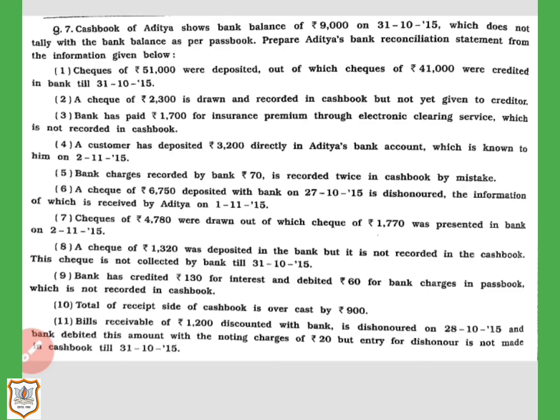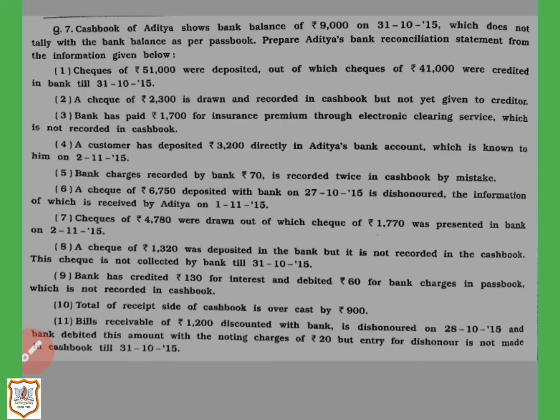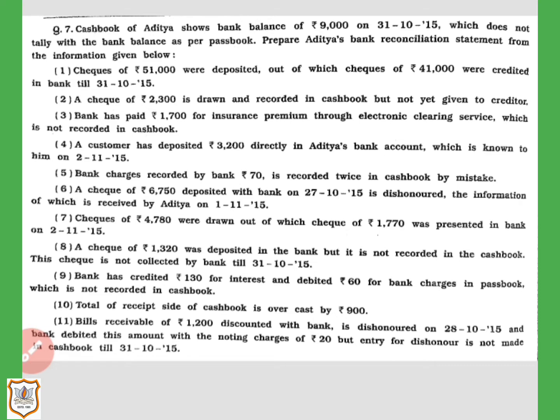Fourth number. A customer has deposited rupees 3200 directly in Aditya's bank account, which is known to him on 2nd November 2015. Here it means cash is credited by a customer directly in the bank account of Aditya, which is credited in the passbook but not debited in the bank column of the cash book, as Aditya is unaware of this till 2nd November 2015.